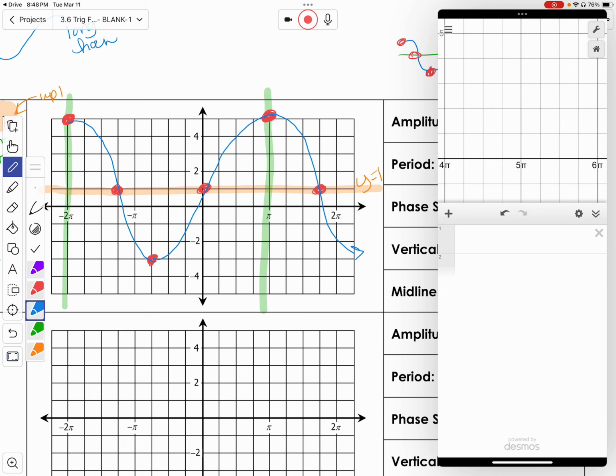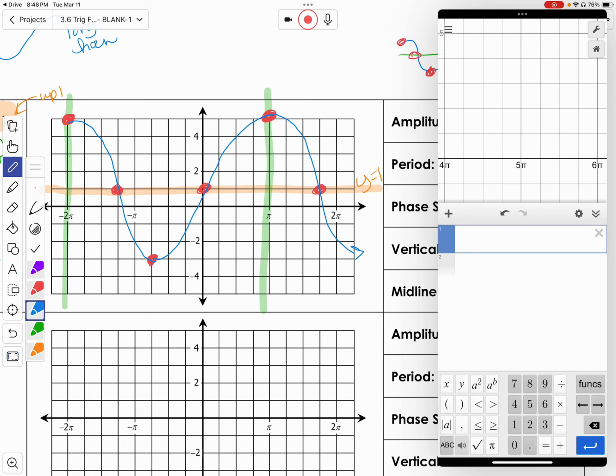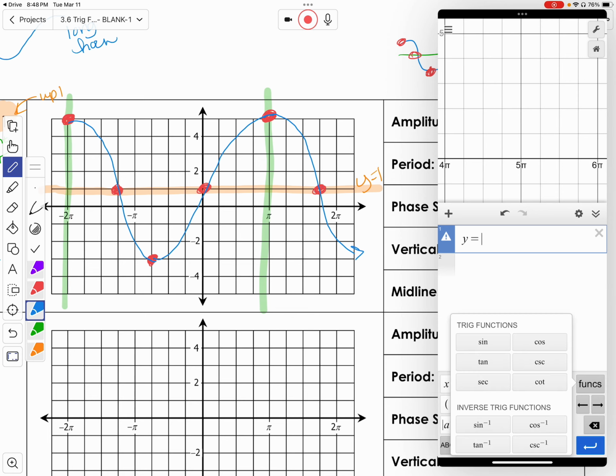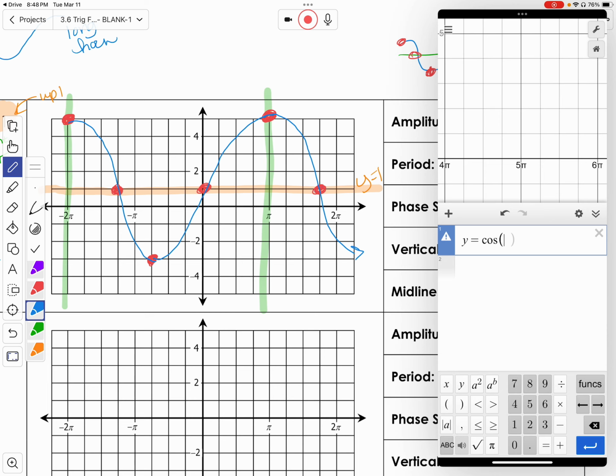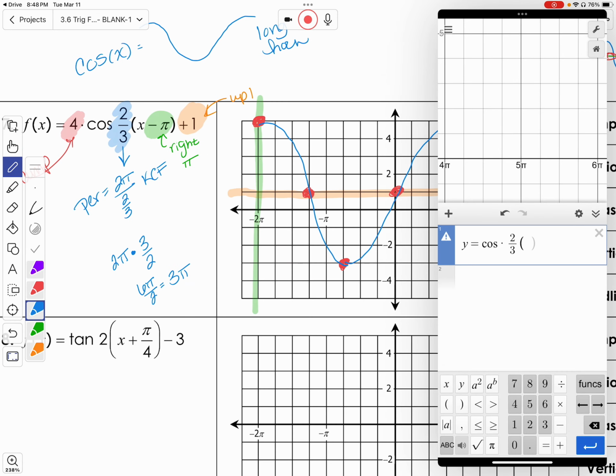So y is equal to 4 cosine 2/3 x minus pi plus 1.